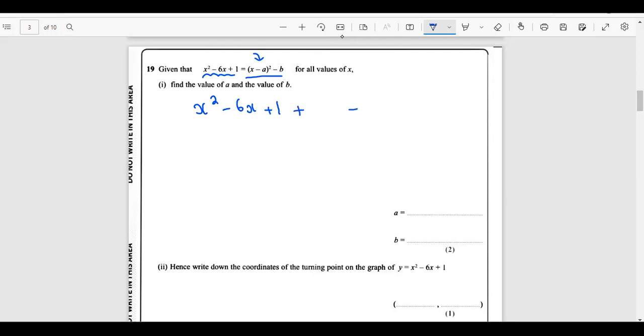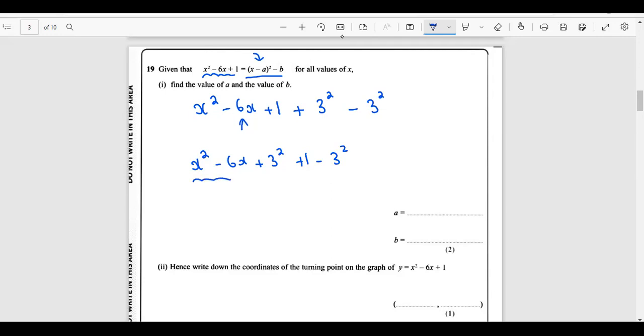In mathematics, I cannot add anything, I need to subtract that as well, just so it is balanced. I will be adding the half of this number, so it would be 3 squared, and I would be subtracting 3 squared, okay? And now I can write it down as x squared minus 6x plus 3 squared, and I'm left with plus 1 minus 3 squared.